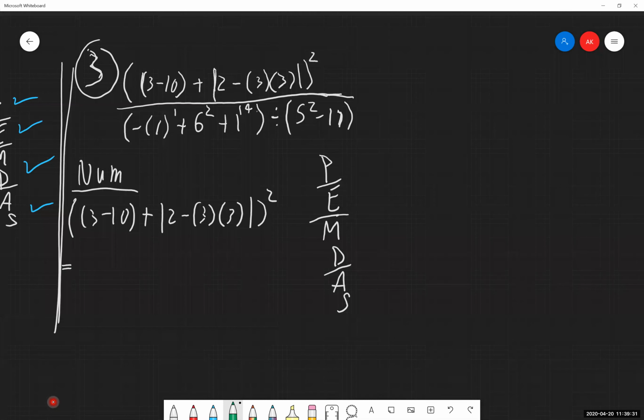So I'm just going to be looking at what's inside the absolute value. That's the first thing I'm working with. So we have the overall ones. 3 minus 10 gives me negative 7, plus the absolute value of, and looking inside that, I have multiplication. I need to do that first.